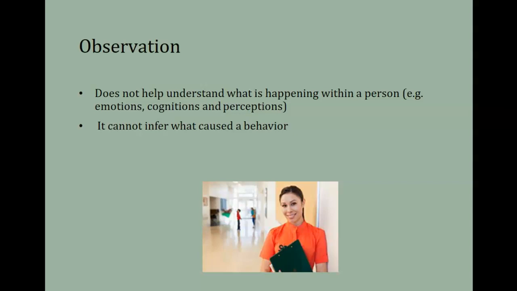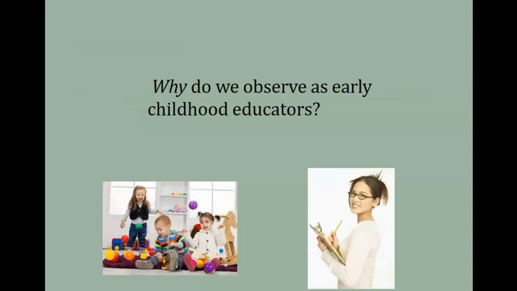We can observe over a period of time to see what the antecedent is, the moment before a behavior, but we can't infer why or what caused the child to act a certain way. We can ask them, but they might not even know. We can observe for the antecedent, the before. That's all.